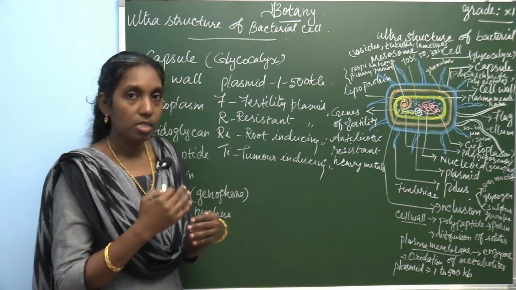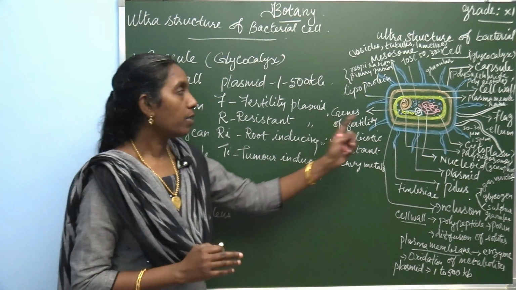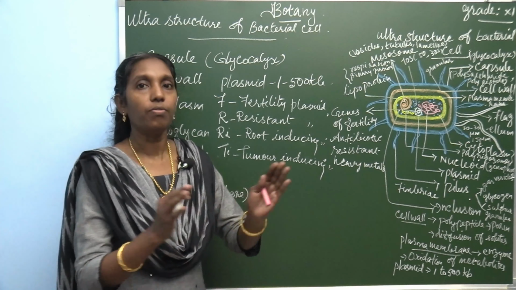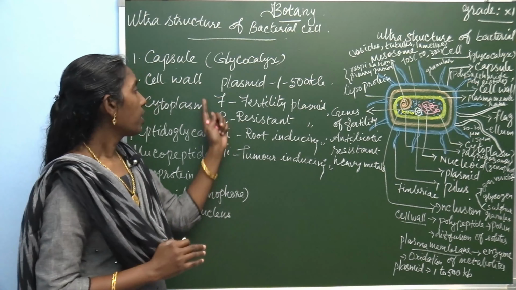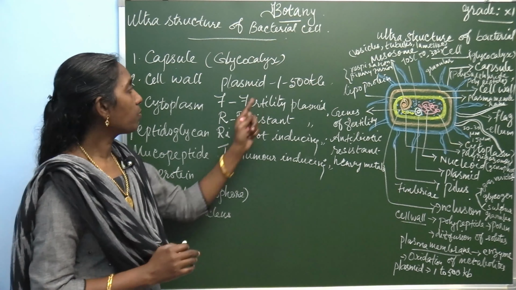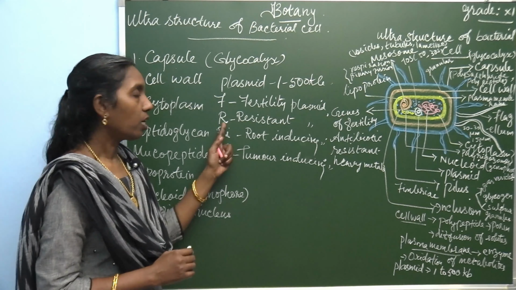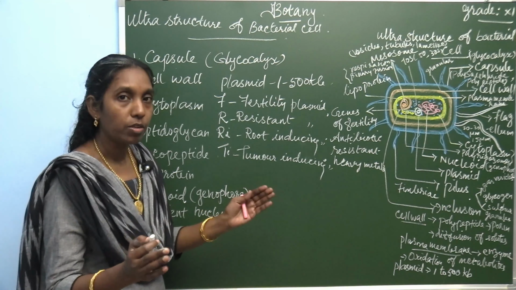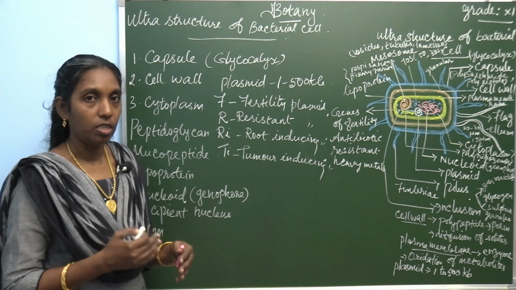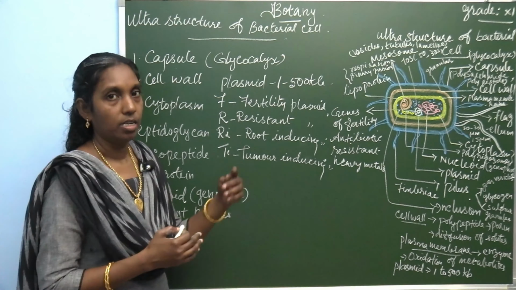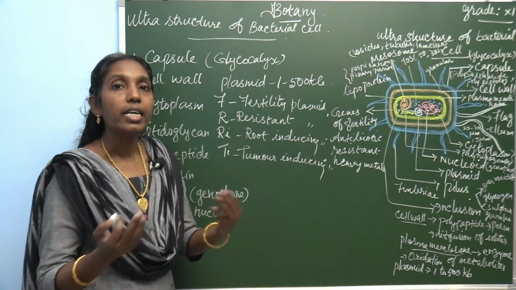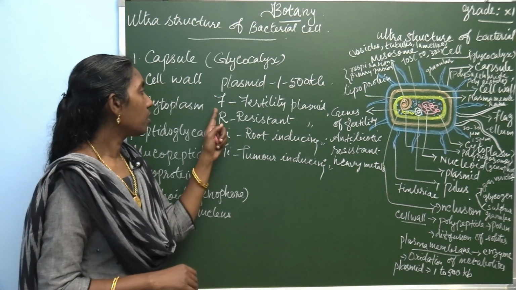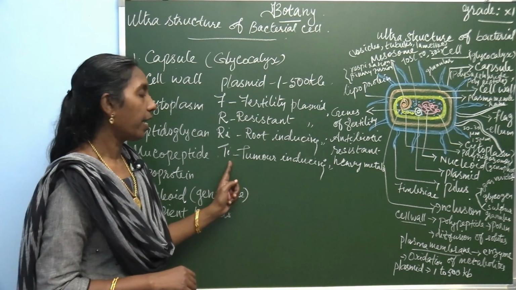Based on this, different types of bacteria consist of different plasmids. Sometimes in a 2 mark or 3 mark question they ask what the different types of plasmids are. The types of plasmids are F, R, Ri and Ti.